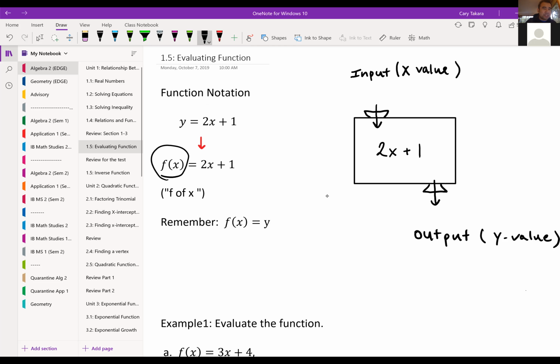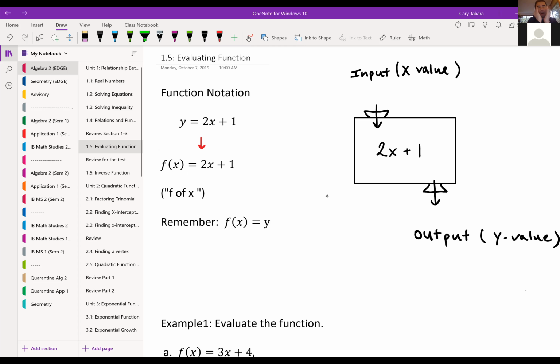And you're going to read this f parentheses x as f of x. That's how you read it. So that's the reading part of it. And so what is f of x?